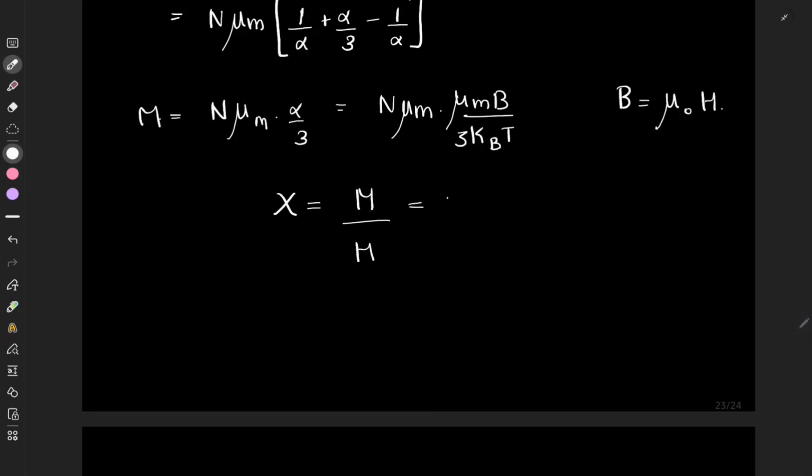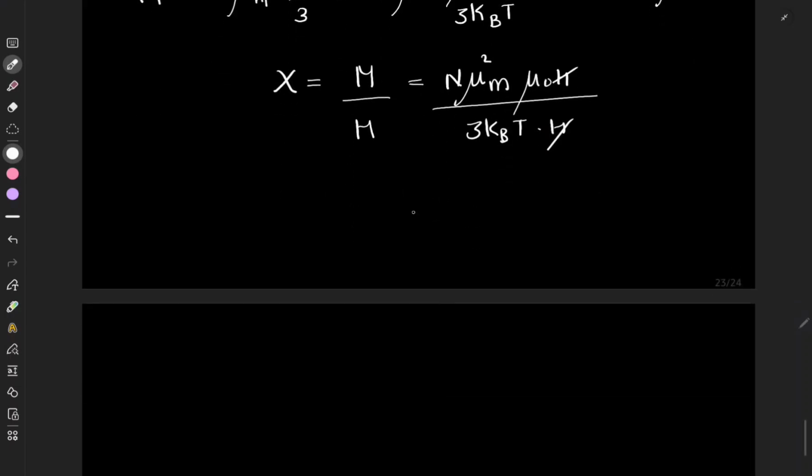Substituting the value of B here, B is nu 0 h, divided by 3 kBT into h. These h cancel. You will get n nu square nu naught divided by 3 kBT.